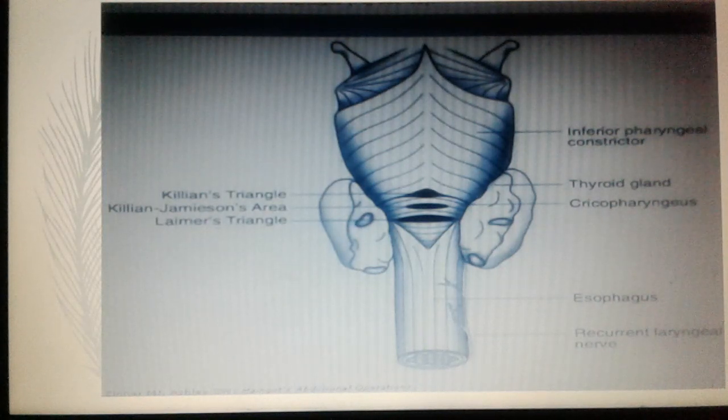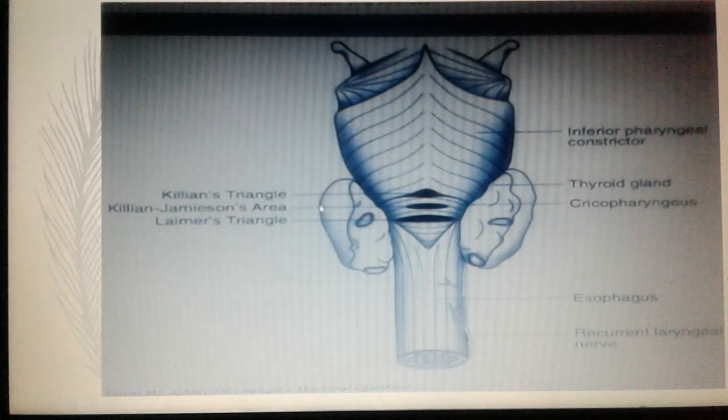As you can see in this diagram, these are the thyroid gland, both sides. We are looking from the posterior aspect. This is the inferior pharyngeal constrictor muscle. This is the esophagus, the recurrent laryngeal nerve by the side, and here the cricopharyngeus muscle is there. This one. Here you can see 3 gaps, 1, 2 and 3.